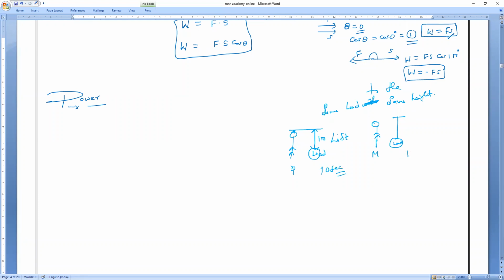Mr. Mari has taken 15 seconds to lift the load to the same height. Height is the same, clear? Let me take the height as H meters. Mari has taken how much time, everybody? 15 seconds, and Pranav has taken 10 seconds.